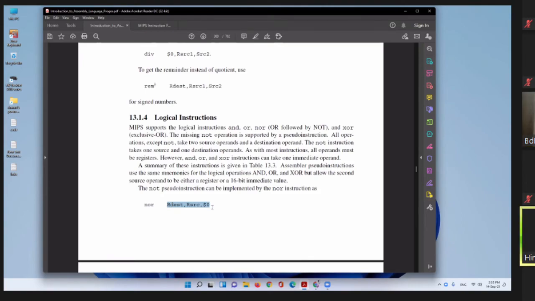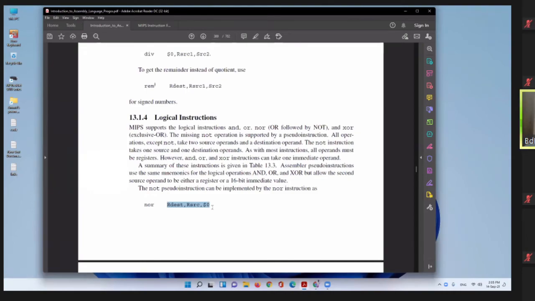Register, sir. Of course, it is a register. Which register? $0. Which register is it? General purpose register. Of course, a general purpose register.